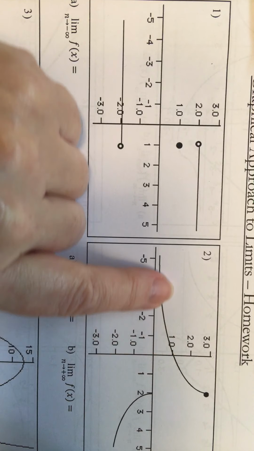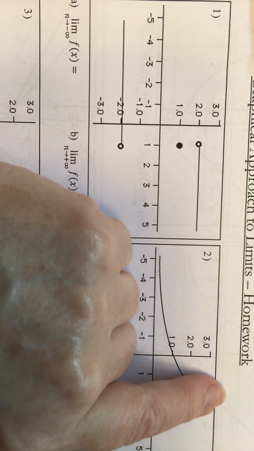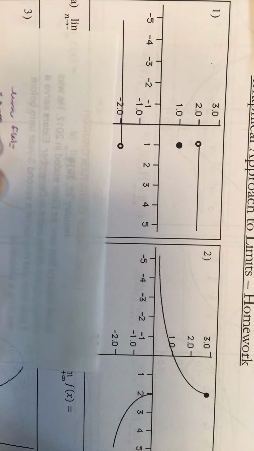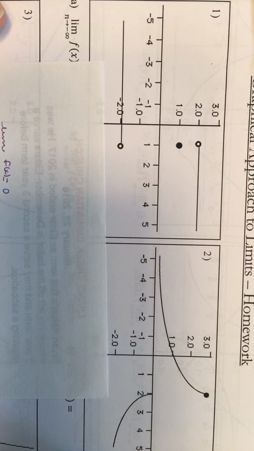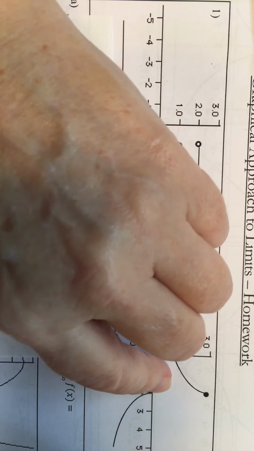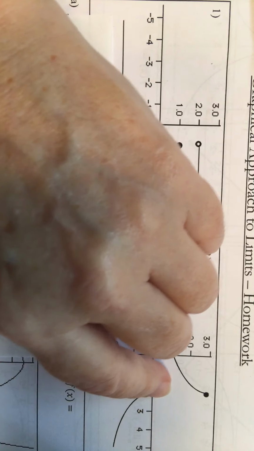I'm interested in what is happening as I head to the far left, heading to negative infinity. And it looks this time like as I approach negative infinity, I'm approaching the horizontal line 0. I'm not going to touch it, but it looks like that's where I'm heading. Now for this one, this is meant to be like a square root graph, folks.